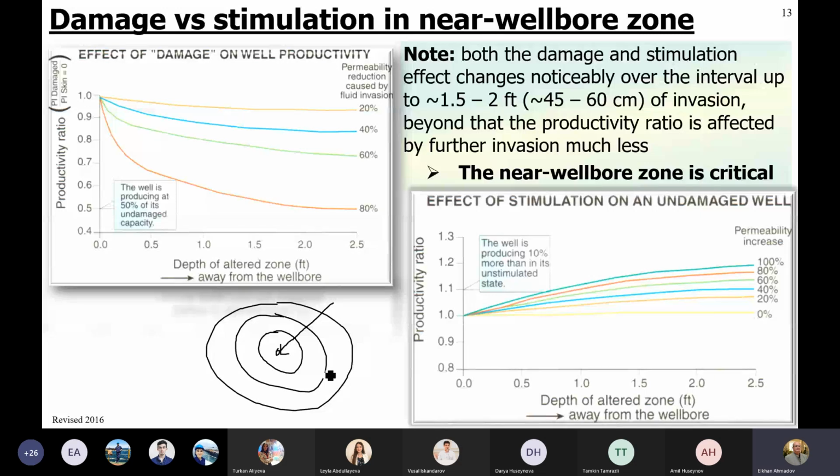And as you can see, as the fluid moves towards the wellbore, this area is decreasing.